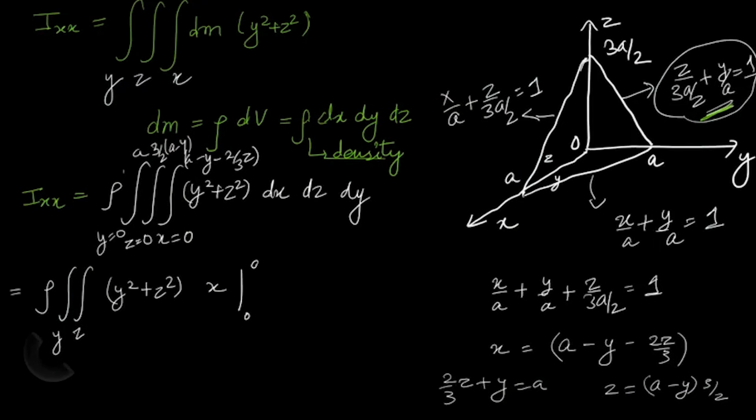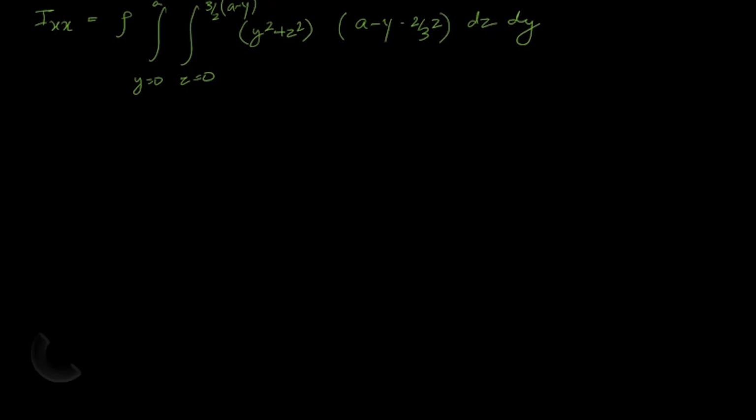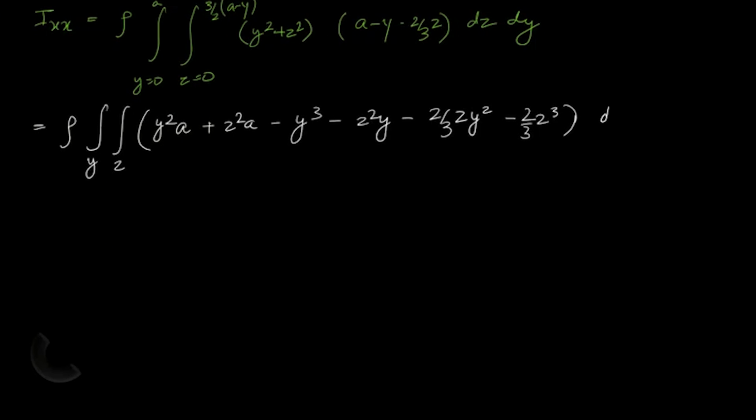The integration of dx is simply x, and then dz and dy. So let's put in the limit for x. This is (a minus y minus 2 over 3 z) dz dy. This is our expression for the second integration with respect to z. Before doing so, we will multiply these out. So this is our expression after multiplication.